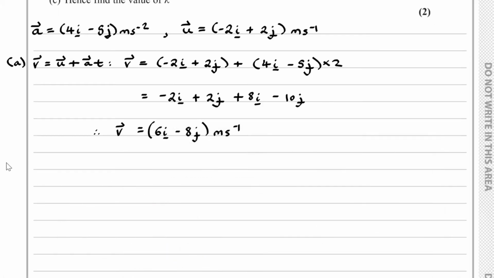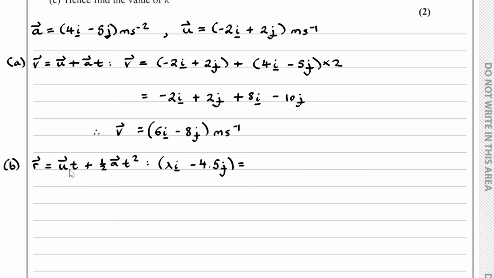So for part B, if we use r equals ut plus 1/2 at squared, we have over here r, which is lambda i minus 4.5j.